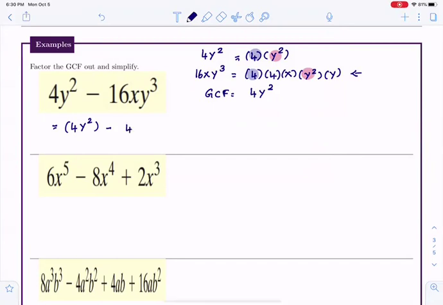So one of them is 4y squared, that's the GCF. The part that wasn't in common was 4xy. Now, that term is in common between the first monomial and the second monomial. So I can pull that out.